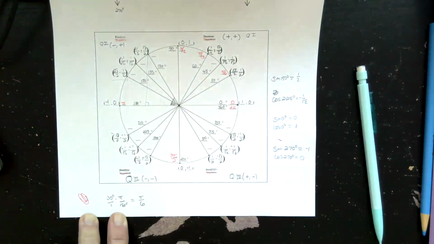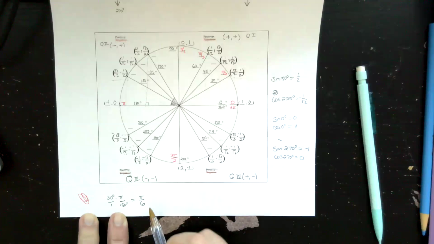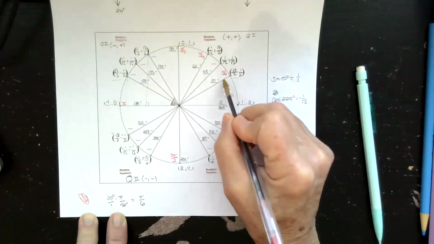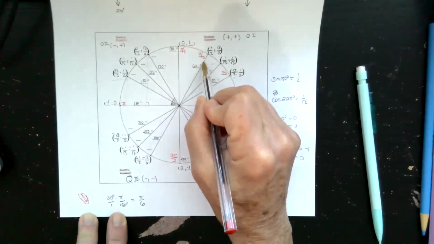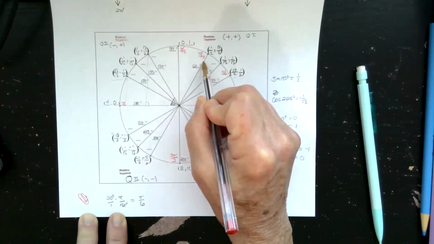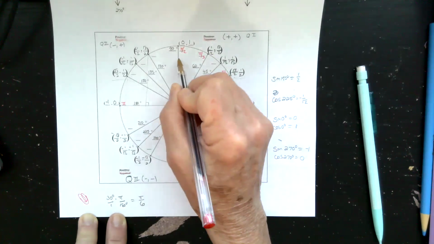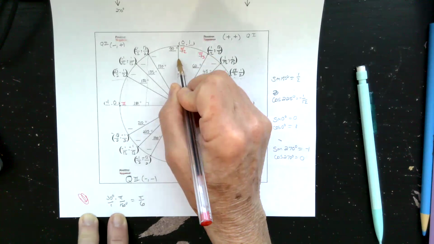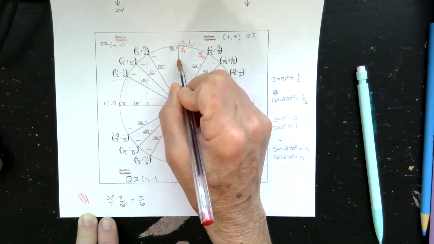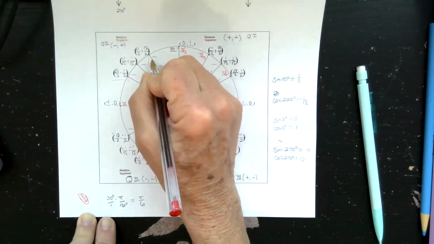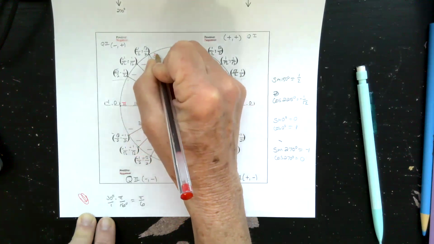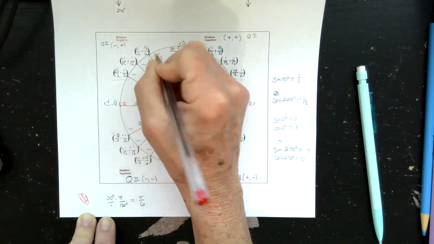Now let's do the 30, 60, 90. I mean the 30 degrees. 30 degrees is pi over 6. So 1 pi over 6, 2 pi over 6 simplifies to pi over 3, 3 pi over 6 is the same thing as pi over 2. 4 pi over 6 would land me here, but 4 pi over 6 can be simplified to 2 pi over 3.